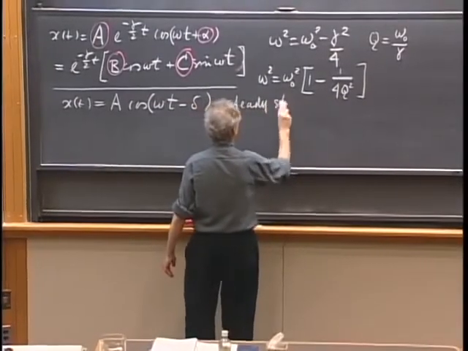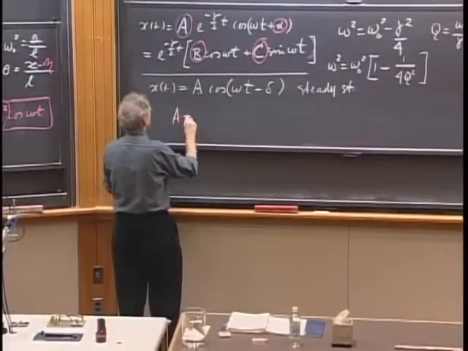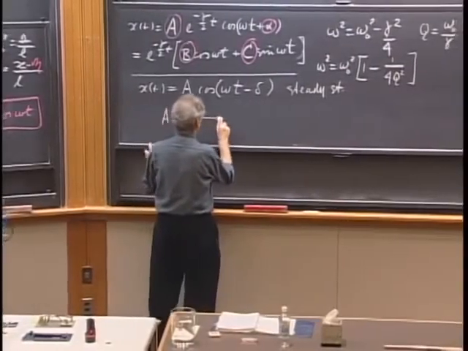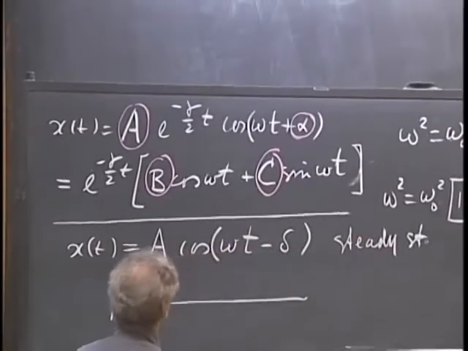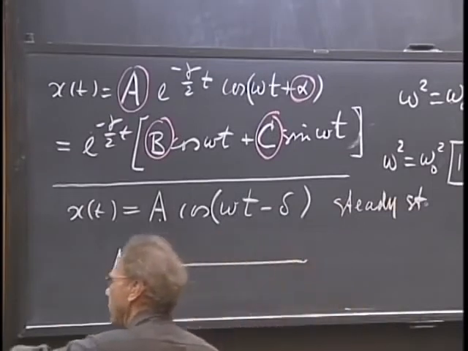Steady state. And this A becomes then a rather complicated function. Upstairs I get eta 0 omega 0 squared, I get this part.